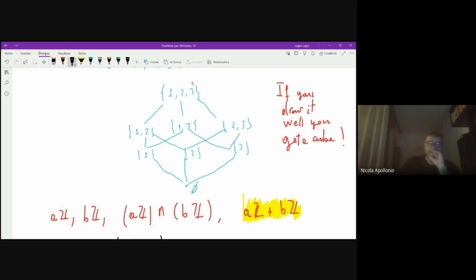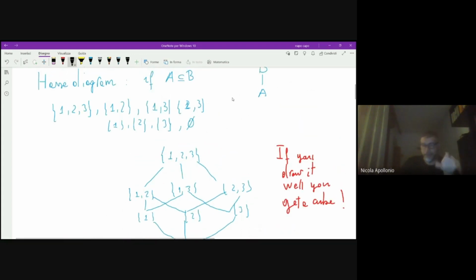I don't want to introduce this in detail. You just write down {1, 2, 3}, and below it a subset only if there are no other subsets in between. So you see {1, 2, 3} and {1, 2}: there is no intermediate subset between {1, 2} and {1, 2, 3}. So this is the cover relation. Once you do that for every one of the subsets, you get a picture like this, which is called the Hasse diagram of the order.